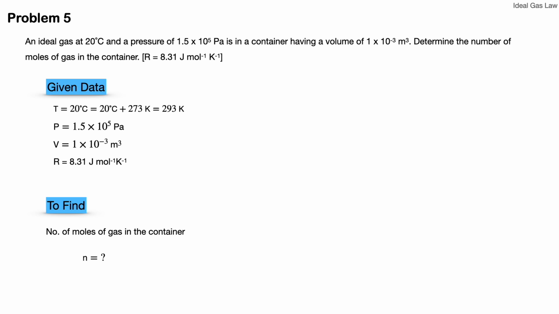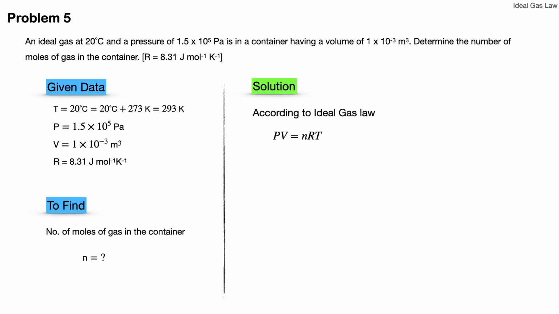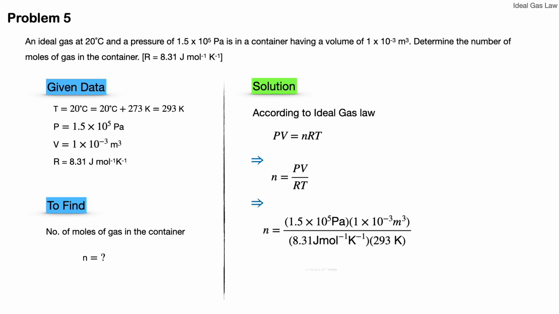According to the ideal gas law, PV is equal to nRT. We can solve this equation for n, and n will be equal to P times V divided by R times T. Insert values here, and we get our answer, which is 6.16 times 10 raised to the power minus 2 moles.